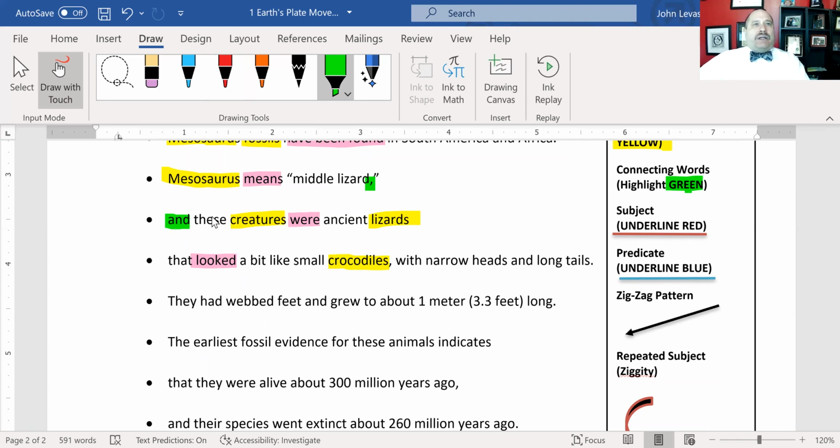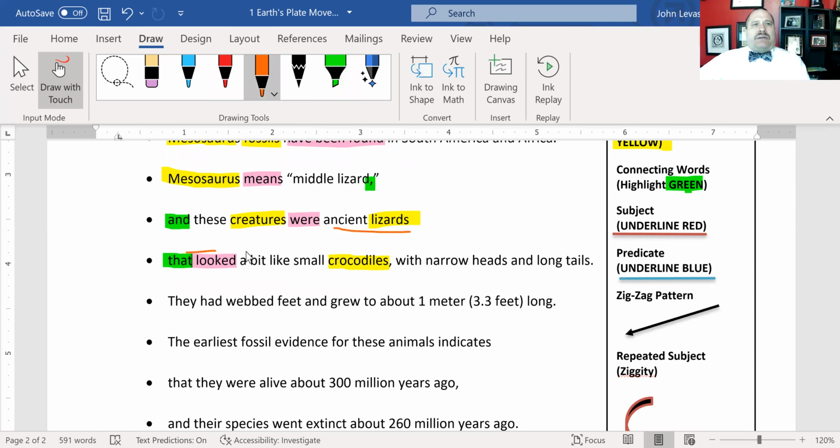Because that comma is an important part in this particular way of joining 2 ideas. So we have the first idea, Mesosaurus means middle lizard, comma, and, new thought, these creatures were ancient lizards. Look, there's no period. And the next line begins with a linking word, that. That looked like small crocodiles. What does that mean?